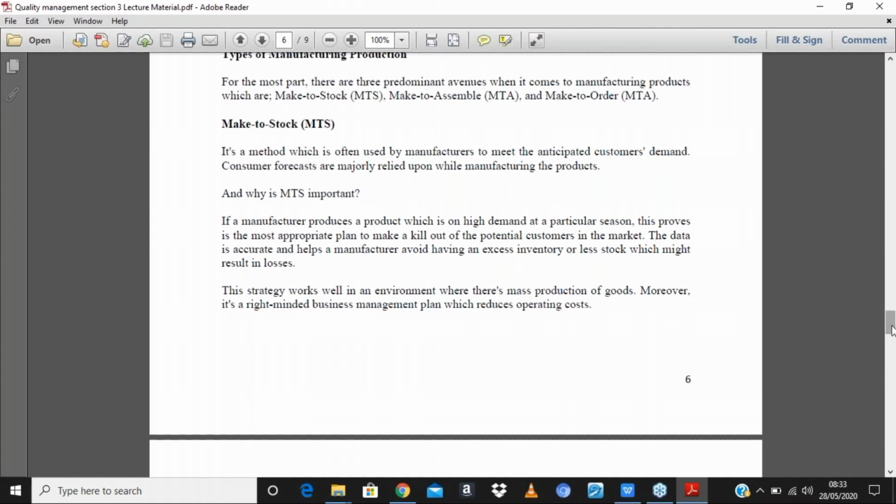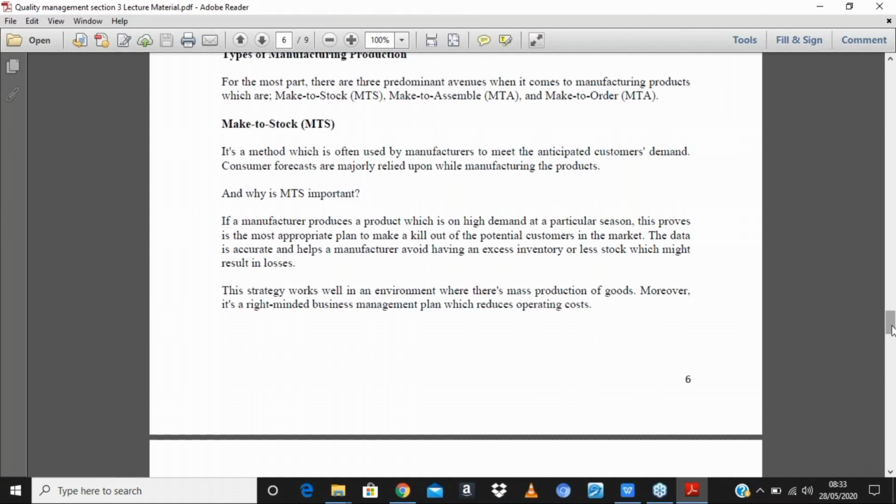Now let's look at the first one, make to stock. It's a method which is often used by manufacturers to meet anticipated customer demand. Customer forecasts are majorly relied upon while manufacturing products.